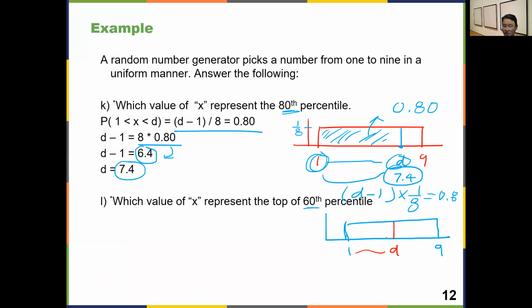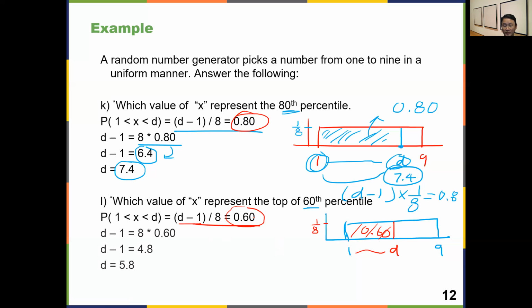1 through D is going to be 0.6, the 60th percentile, same thing. So D minus 1 times the height, 1 over 8, will give you this. That's going to be 60%. That was 80% right there, and same format, right?